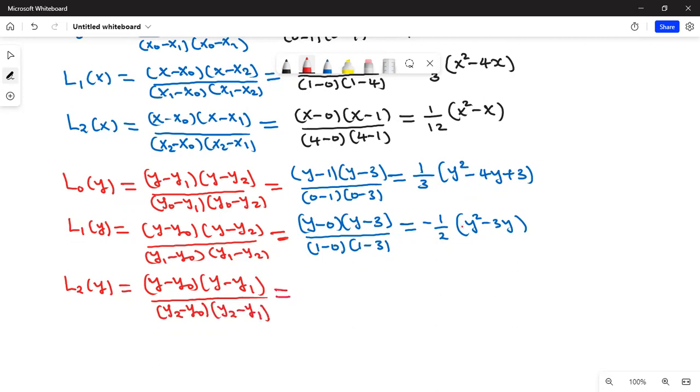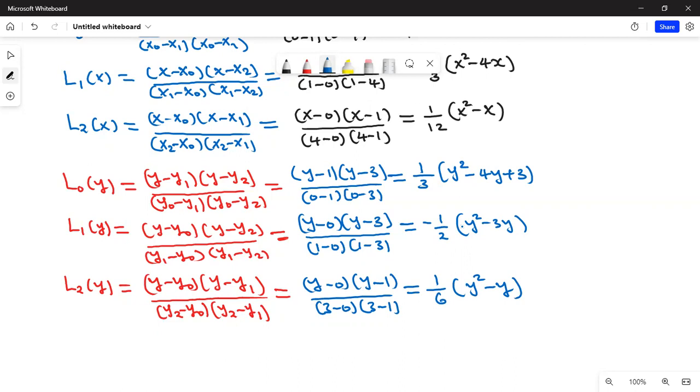And so again, when you substitute those constants, you need to get y minus 0 times y minus 1 over 3 minus 0 times 3 minus 1. So again, that should give you 1 over 6 times y squared minus y. Now we have the coefficients.